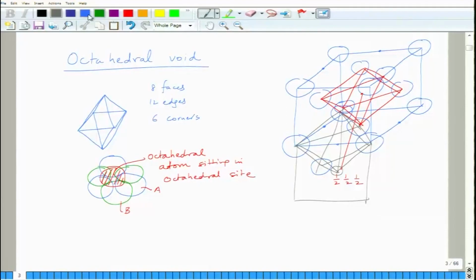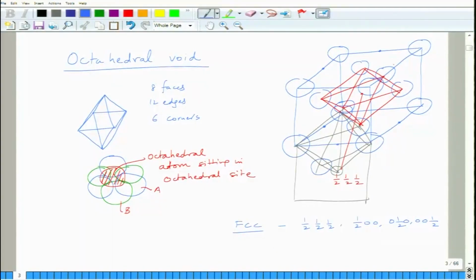So the octahedral voids in case of FCC are located at half, 0, 0, 0, half, 0, and 0, 0, half. Okay.